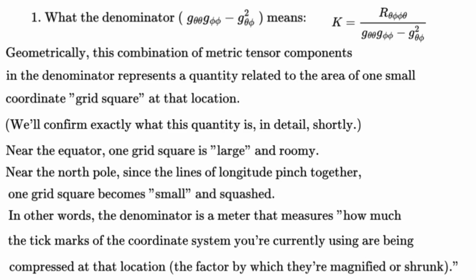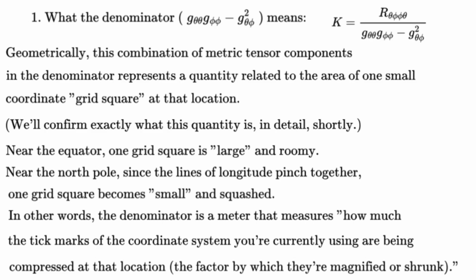What the denominator, g theta theta g phi phi minus g theta phi squared, means. Geometrically, this combination of metric tensor components in the denominator represents a quantity related to the area of one small coordinate grid square at that location. We'll confirm exactly what this quantity is, in detail, shortly.